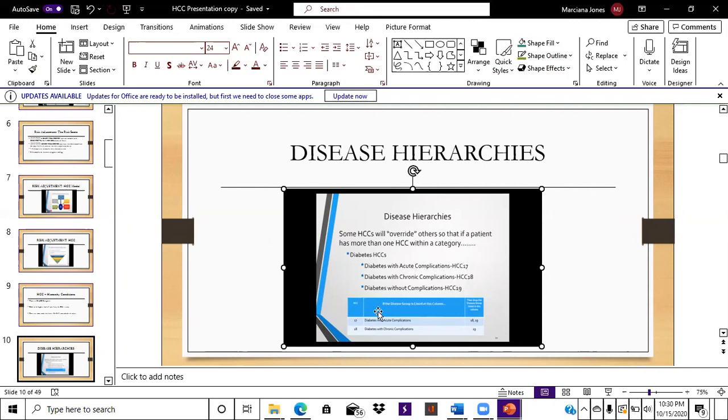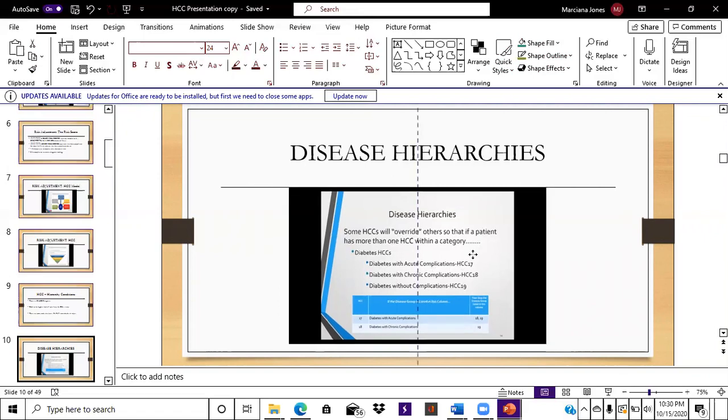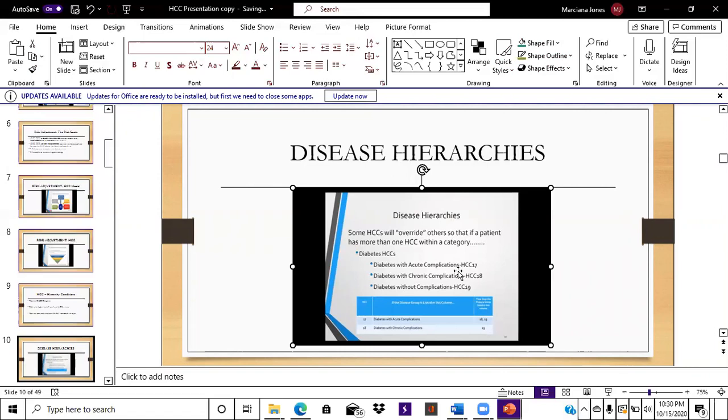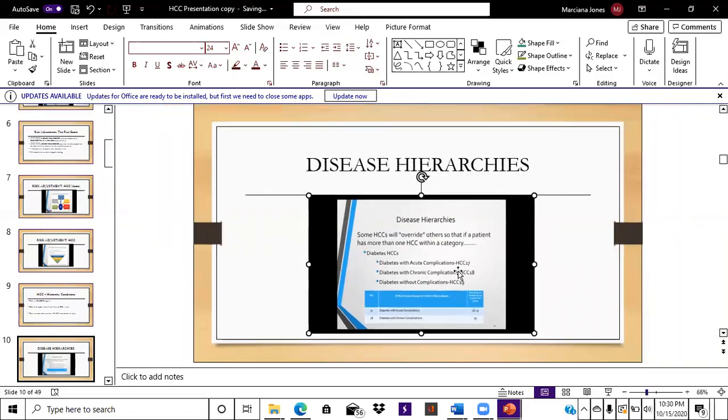So this is how the lower number will override. If you have diabetes without complications, which is a 19, and you have diabetes with acute complications, of course, when you have complications there's more burden of illness, so it will overlap because it has the higher risk score. If you have something acute and it goes into category HCC 17, you will also ignore all HCC 18 and 19 diagnoses for diabetes in that patient.